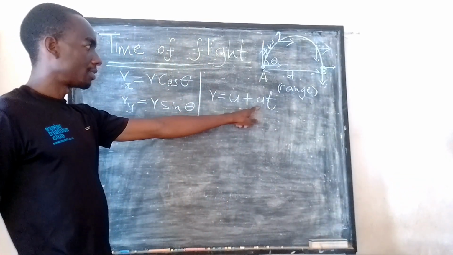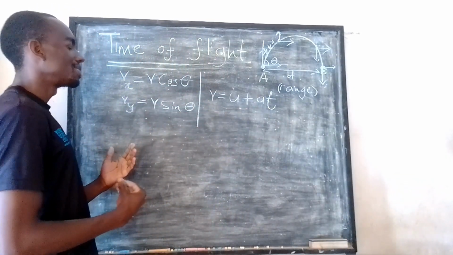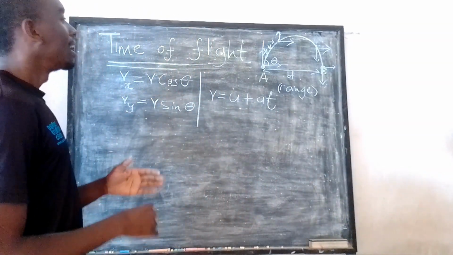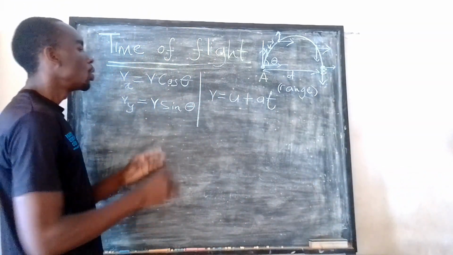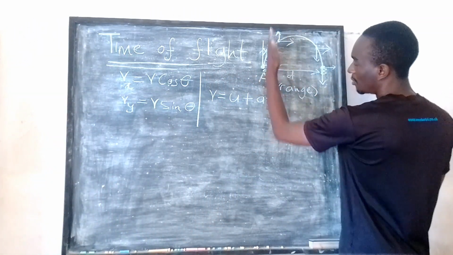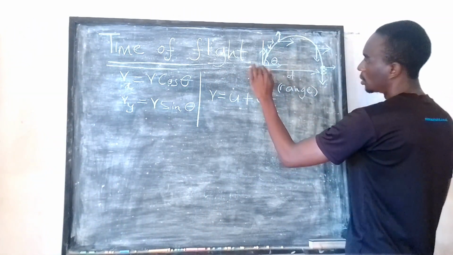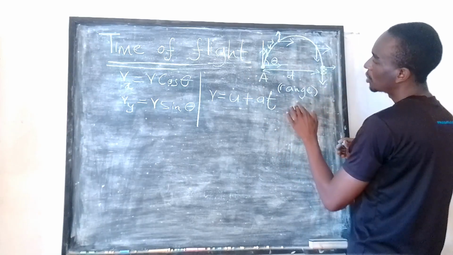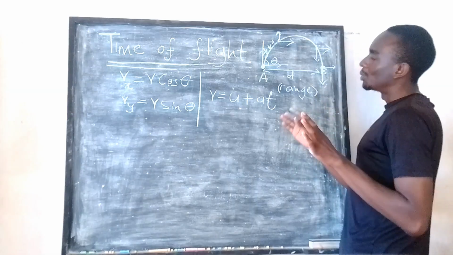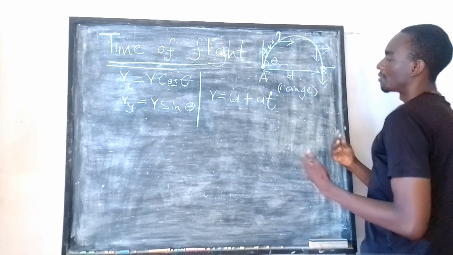Whenever we're dealing with acceleration, we pull the equations related to acceleration. And acceleration, I'll repeat, guys, only comes into play the moment we start dealing with the vertical aspect of the motion, not the horizontal. For the horizontal aspect of the motion, we simply use the speed equals distance over time formula.